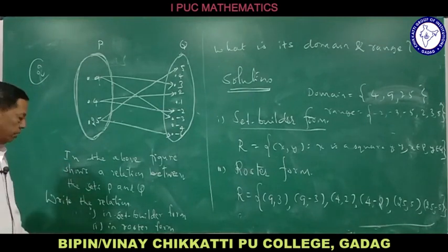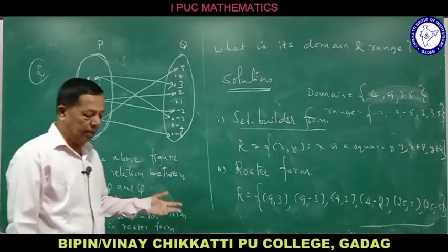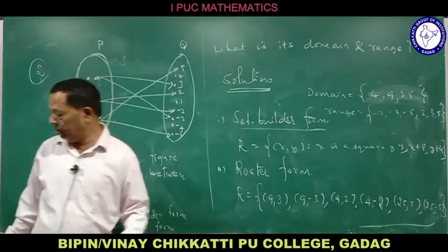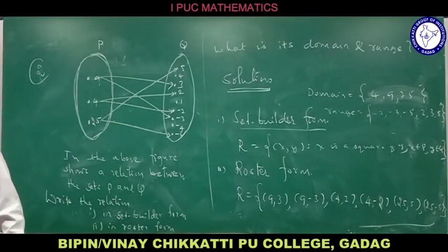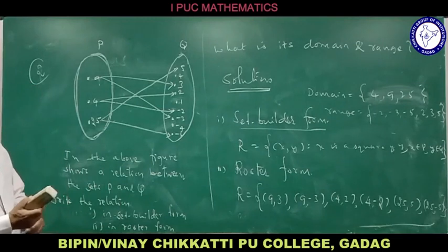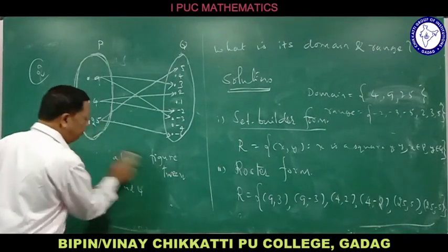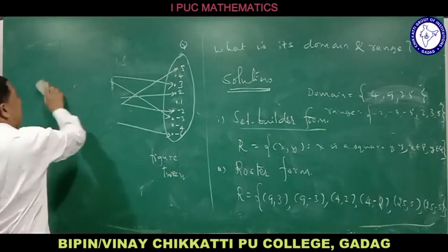How we write the set builder form, how we write the roster form, how you write the domain, how you write the range. And finally, one more problem I want to discuss, the last problem of this part.